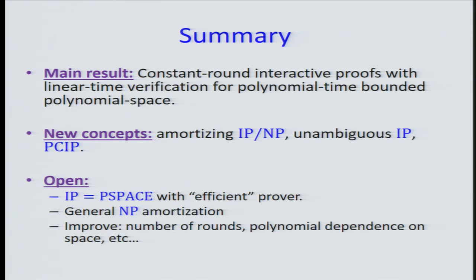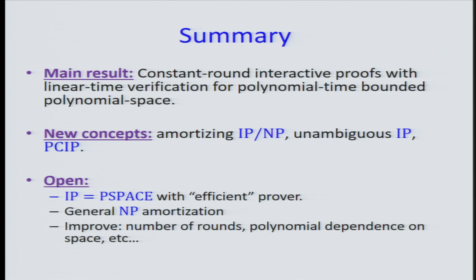Some interesting open questions. One question that I think is really interesting, it also has a $100 cash prize from Yael Kalai, is to get a version of the IP equals PSPACE theorem where the prover is relatively efficient. What do I mean by that? Maybe a different way to put it is proving as easy as computing.